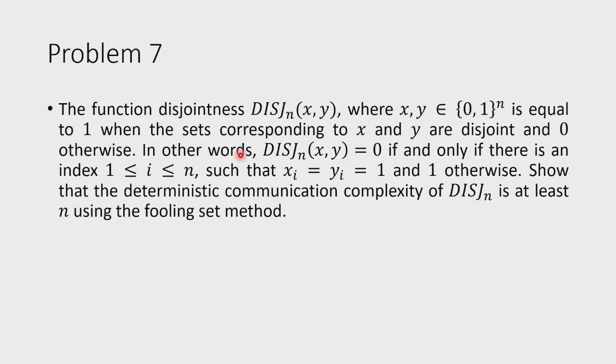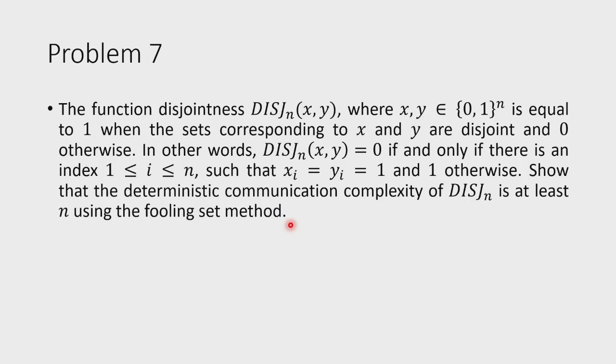In other words, DISJ(x, y) is 0 if and only if there is an index i in 1 to n such that x_i is equal to y_i is equal to 1, and 1 otherwise. Show that the deterministic communication complexity of this function is at least n using the Fooling set method.